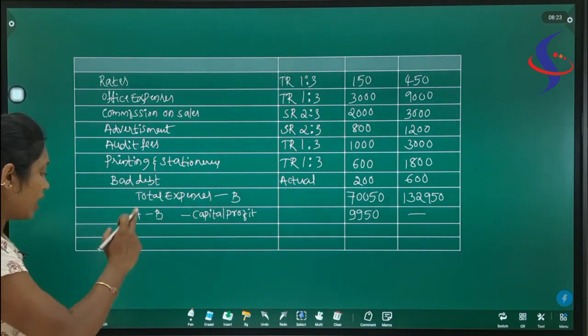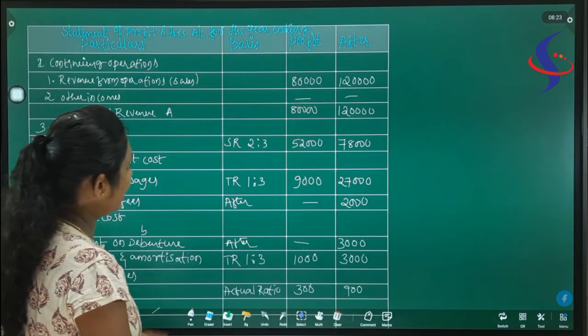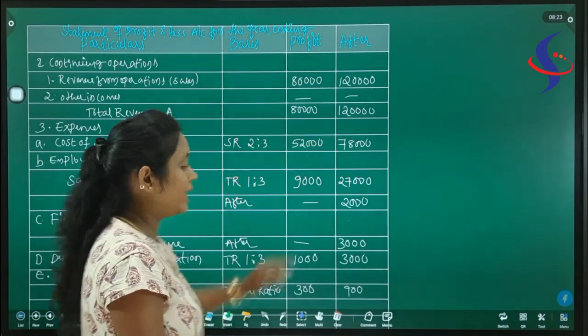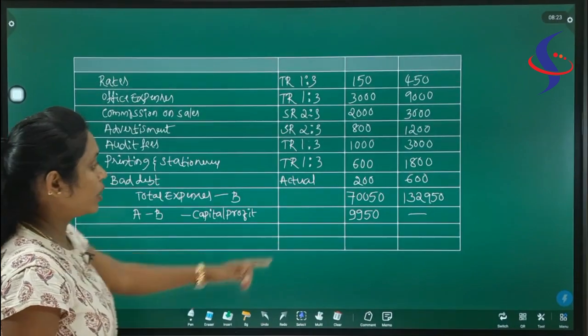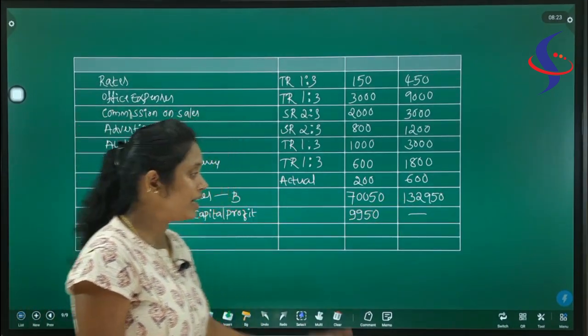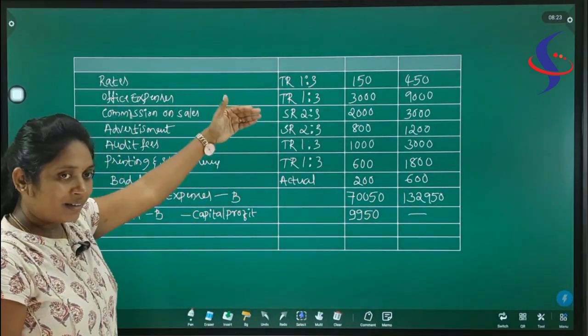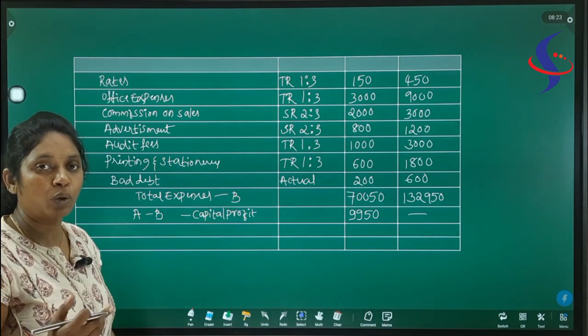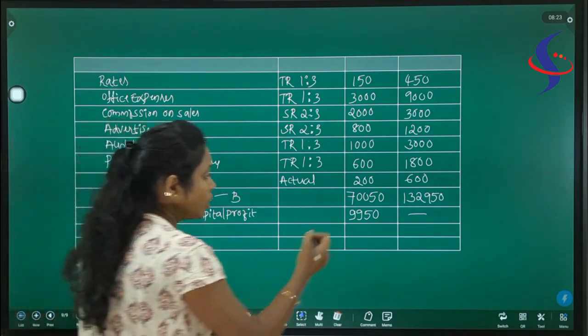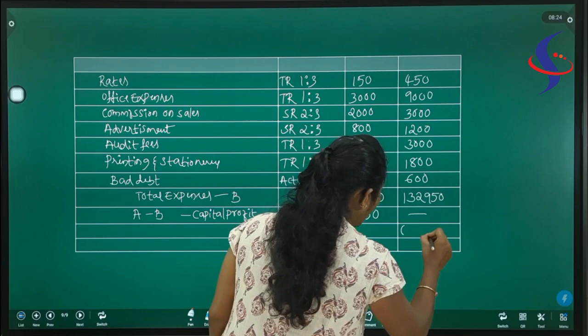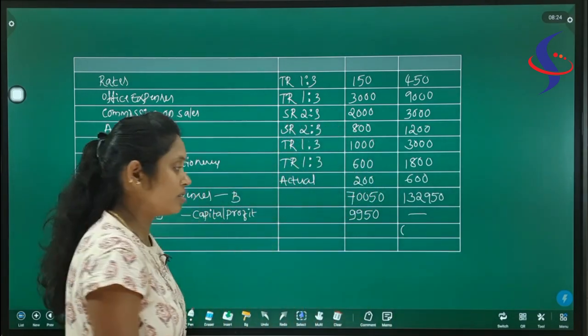Now we do the same thing for after period. What is the total revenue of after period? 1,20,000. And the total expense is 1,32,950. See friends, here income is less and expense is more. Whatever you get, that is loss. Loss, you can write it using a bracket so that you'll get to know the difference.